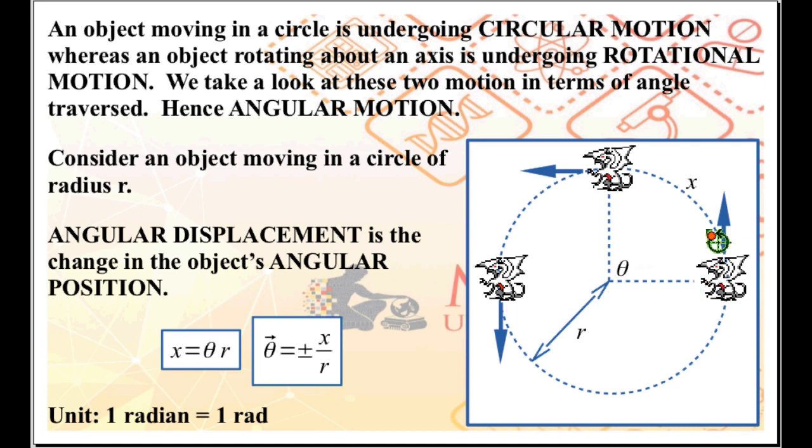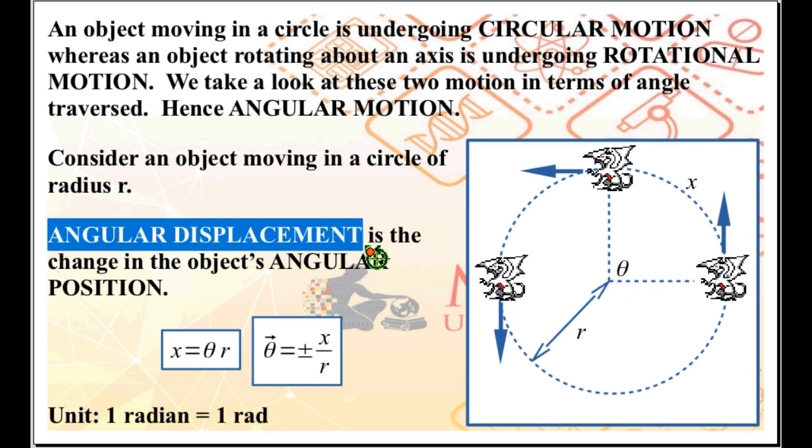If we take a look at that displacement in terms of angle theta, you have angular displacement, the change in the angular position of the object. Say the initial angular position is 0, and the final angular position is theta.